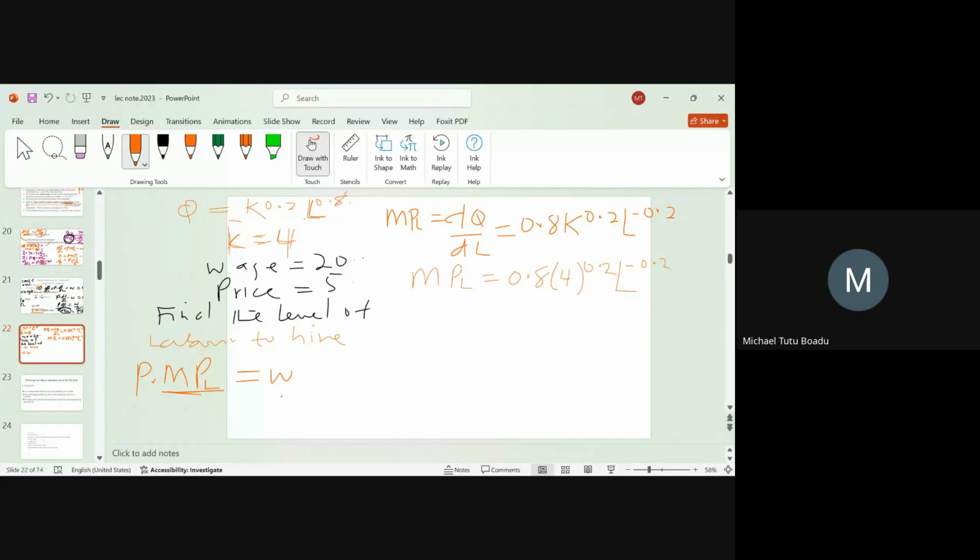So the whole of this will give us MPL is equal to 1.0556 L to the power negative 0.2. It is not good to leave your function with a negative exponent, so you can bring the L down.